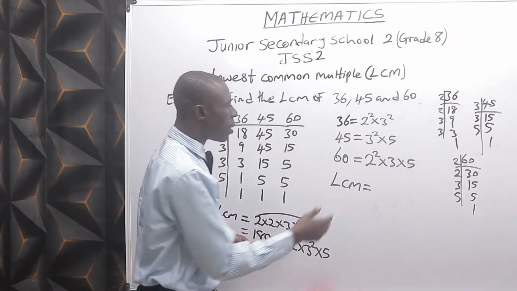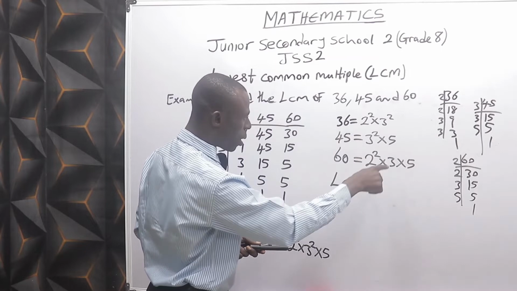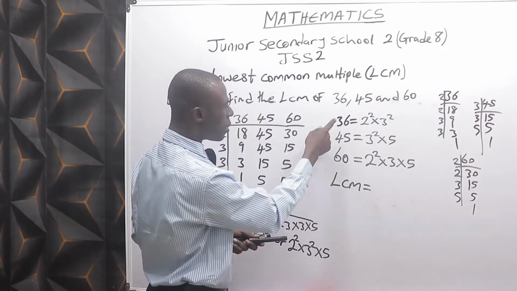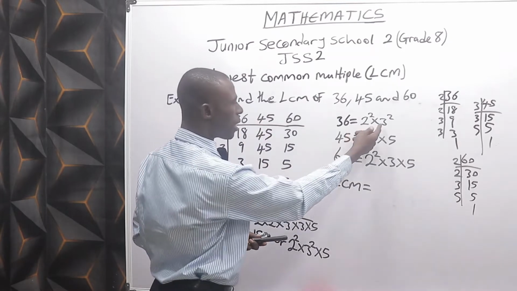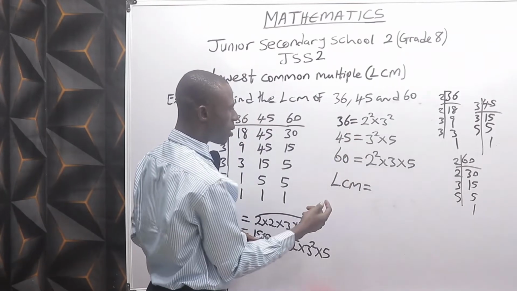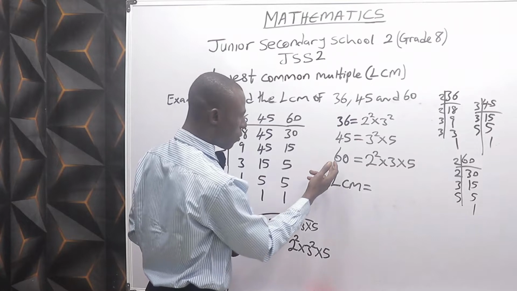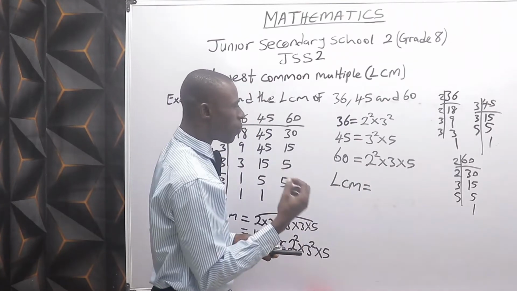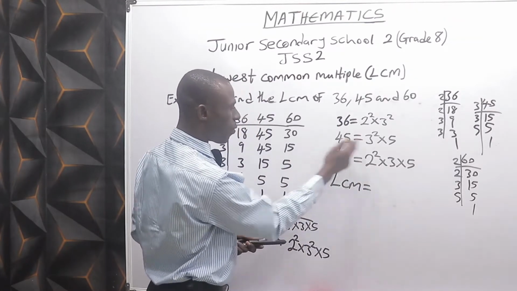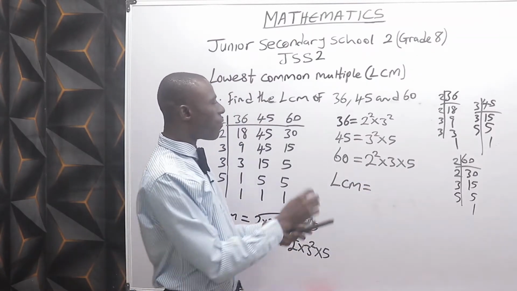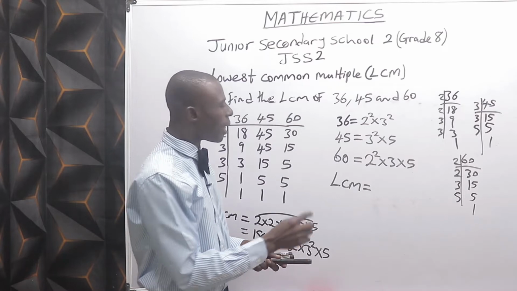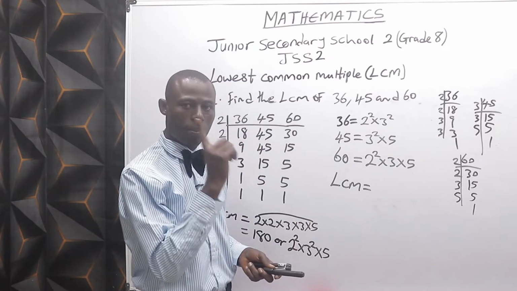This is what I mean. We have prime factor 2 available in 36 and in 60. We have prime factor 3 available in 36, in 45, even in 60. We have prime factor 5 available in 45 and in 60. So we take every prime factor available in their highest power.